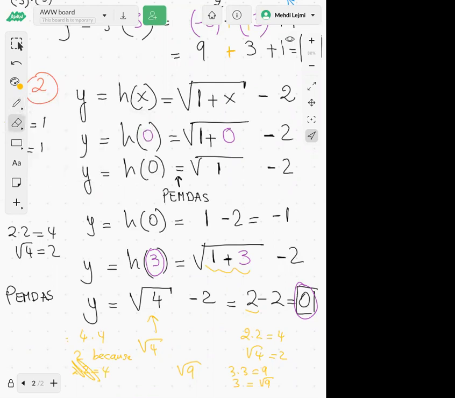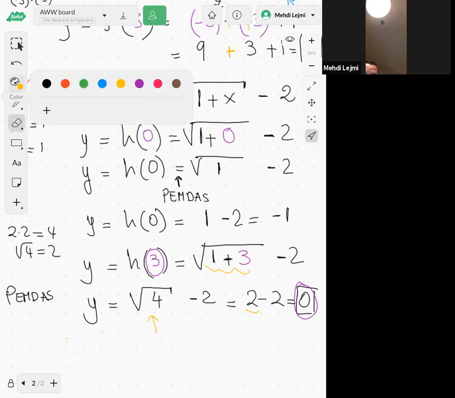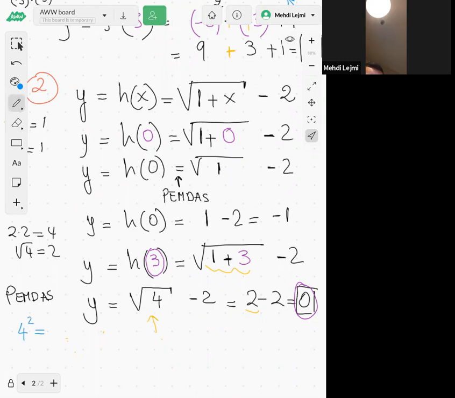Okay. Now, let me just erase this because I want to explain again. So now I want to evaluate the square root of 4. What I was saying is that the square root of 4 is different from 4 squared. If you have 4 squared, that's 4 times 4, and that will be 16.